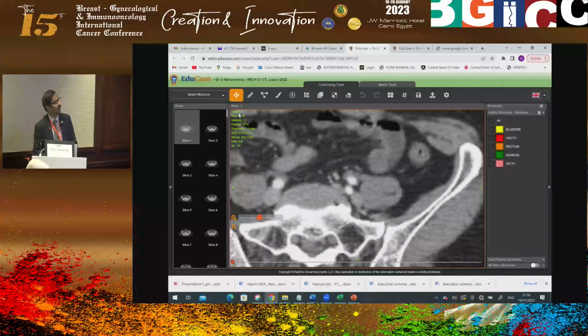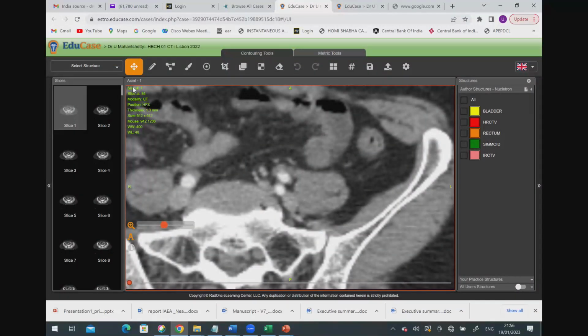So if you see on the top here, can you see? Slice fraction 1. Can you see here the pointer? In the left upper corner, first line, that's slice number 1, slice fraction 1, because below that another slice at is written.